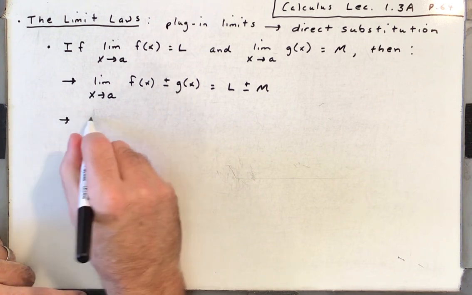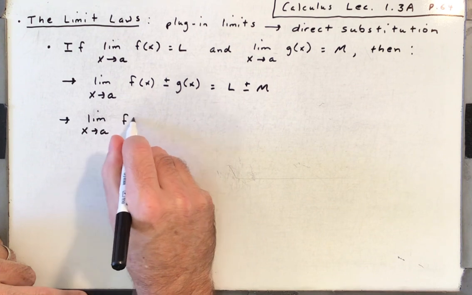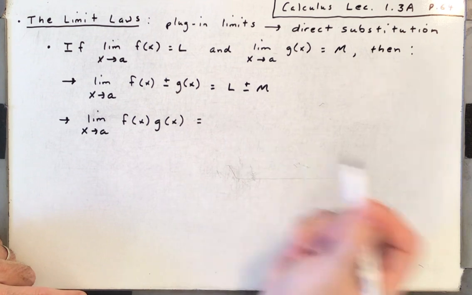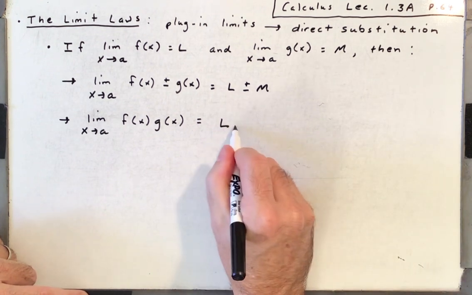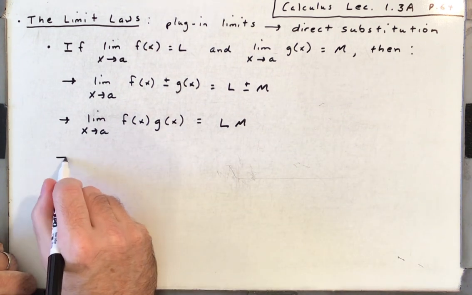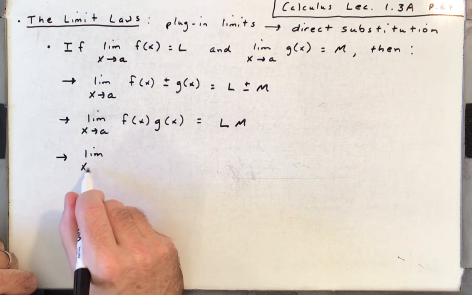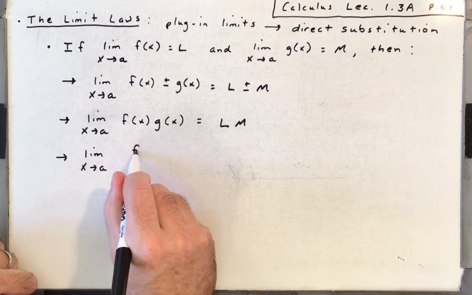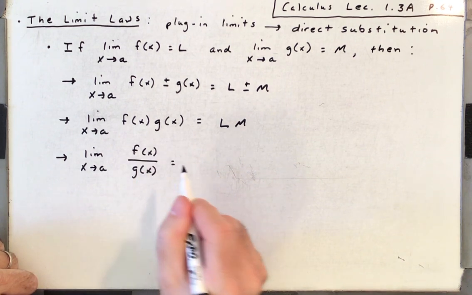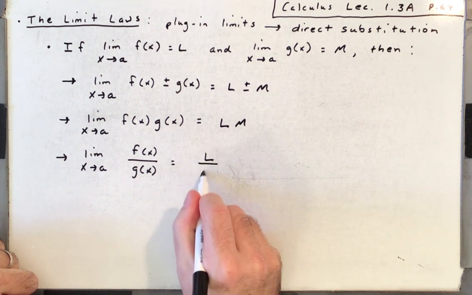The limit as x approaches a of f of x times g of x, what do you think it'll be? Well, it's going to be L times m. Again, kind of common sense. The limit as x approaches a of f of x over g of x, take a guess what that's going to be. Well, it's going to be L over m.